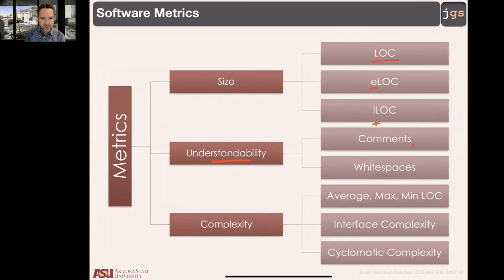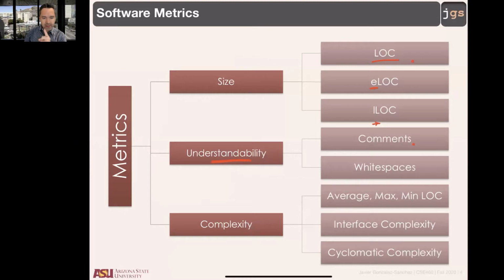How many comments do you have in your software compared with how many lines of code you have? This relationship between lines of code and comments is going to help us to know how easy it could be for a standard person, another programmer, to understand what you did.